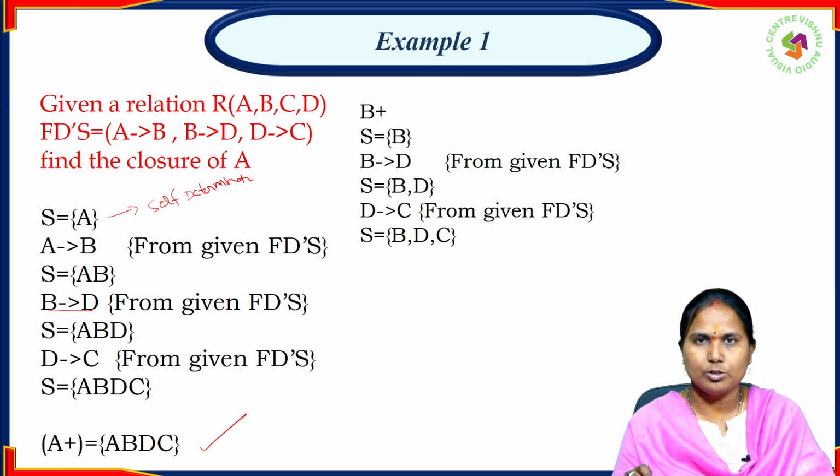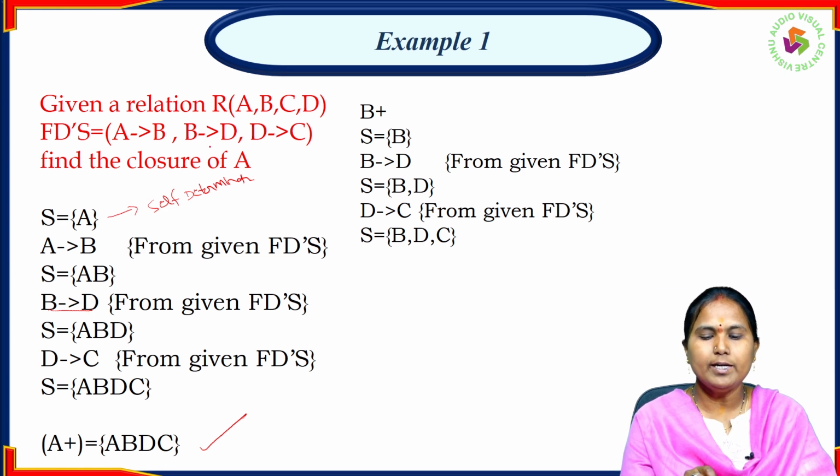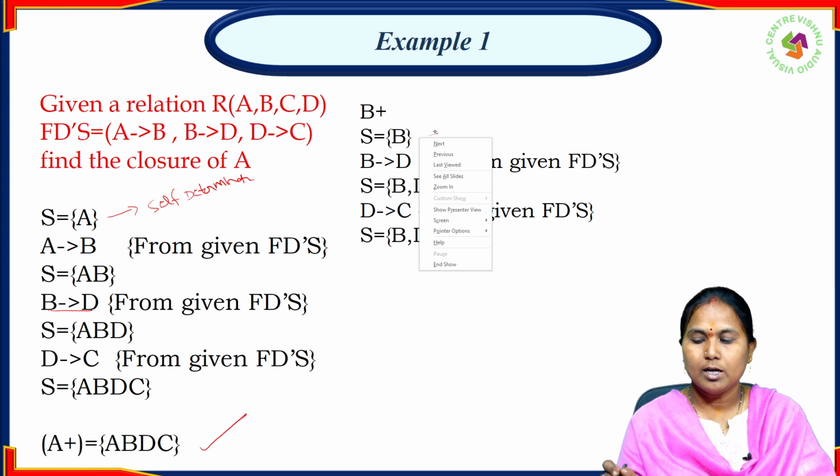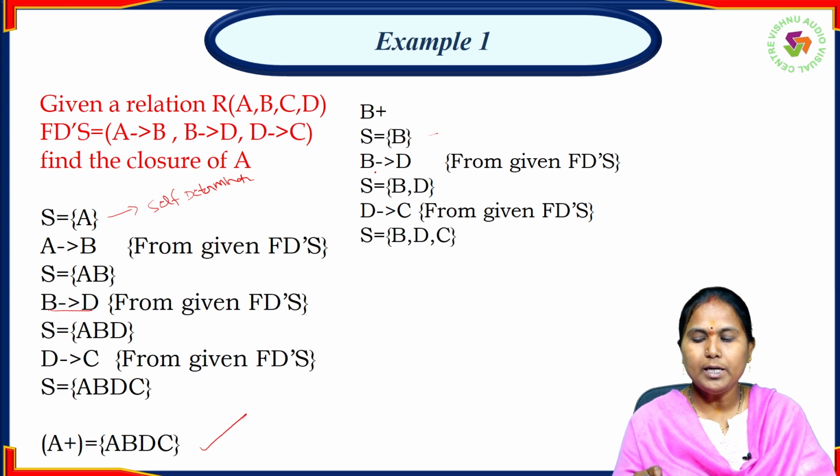Coming to the B closure, if you want to find B closure, how can we find it? First, the self-determination. Coming to the next one, B determines D. Yes.